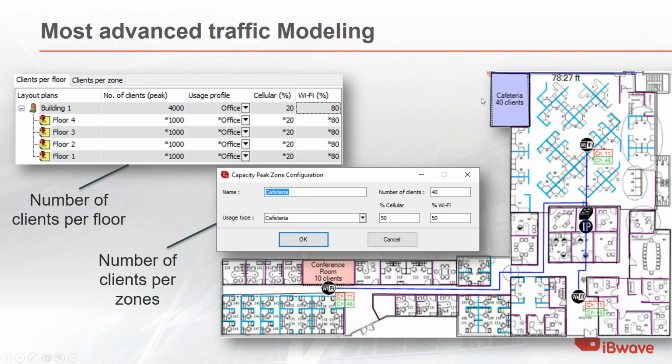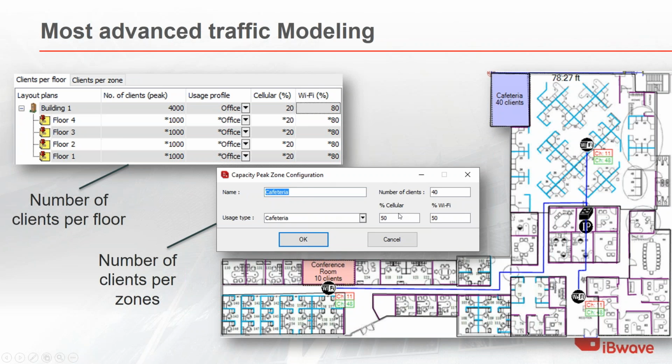Next, very importantly, no venue will have the same requirement everywhere. So what we wanted to add is also the ability to define specific requirements for zones in your venue. In this case, you have a cafeteria here that is defined with 40 clients.